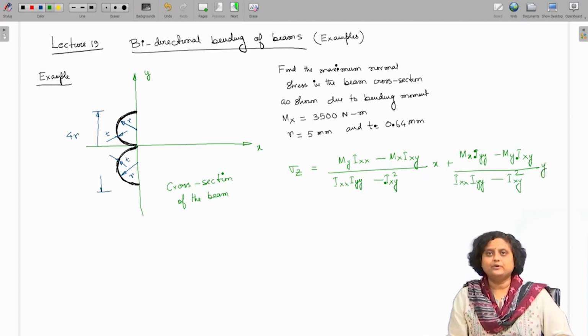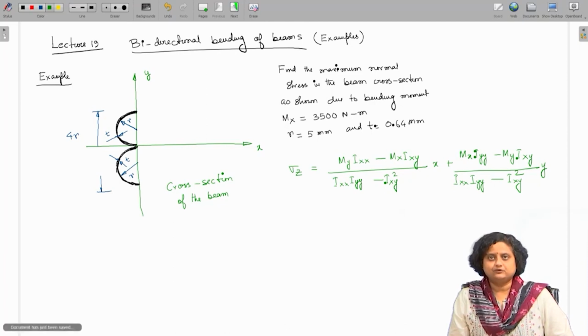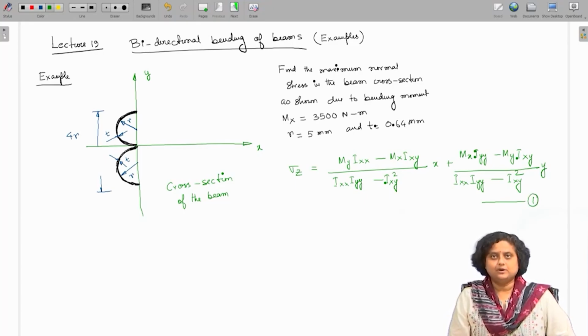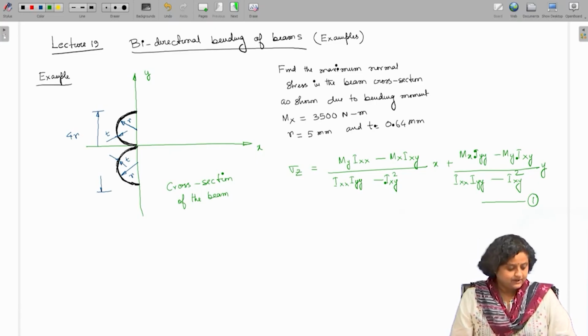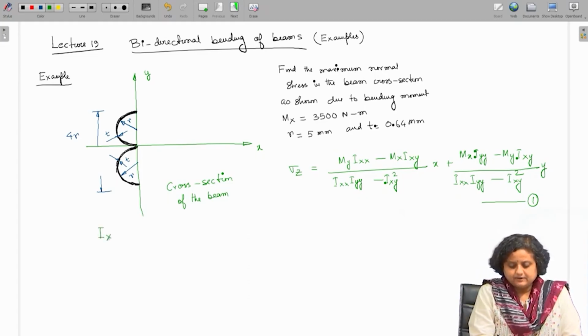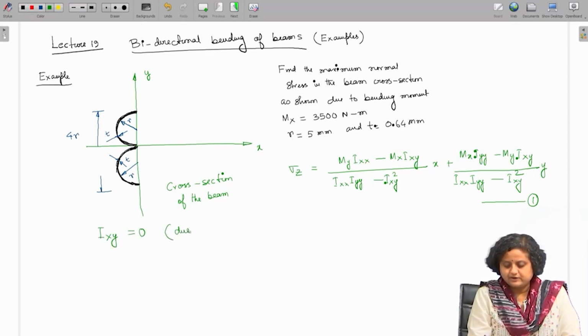This expression we have derived and been using considerably in this week. Now, let us investigate this expression and see what it simplifies to for this particular problem. The cross section has an axis of symmetry, that is the x axis. Therefore, we can say that Ixy is equal to 0 for this cross section, which is due to symmetry.